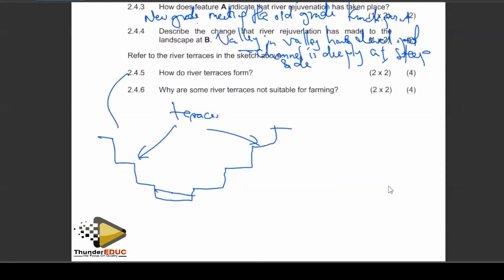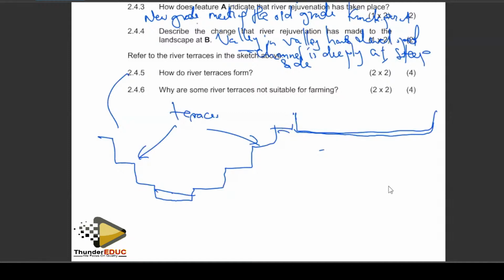Right, basically, the process is a repetition of a series of processes. As rejuvenation happens, we are having this channel here. I'll explain using a diagram. Let's say this is our initial channel, our original channel of the river. The river is having a wide channel like this one. It's achieving a grade. There's a balance between deposition and erosion as the river is flowing on this channel.